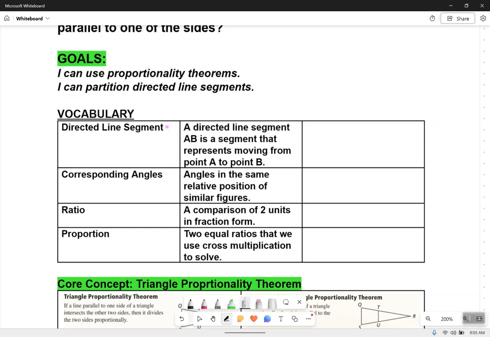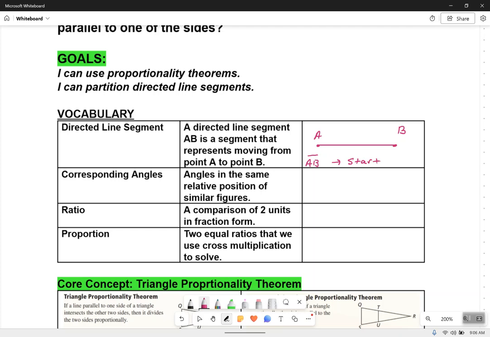It says a directed line segment, AB, is a segment that represents moving from point A to what? So as an example right here, when we talk about making sure that this is a directed line segment, okay, if I put this as A and put this as B, I would call this segment AB, which really means to start at what point, kids?